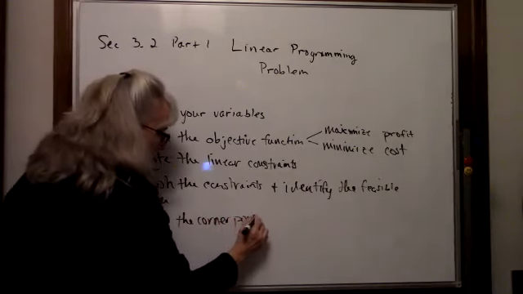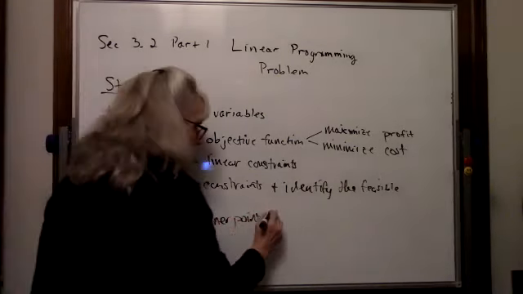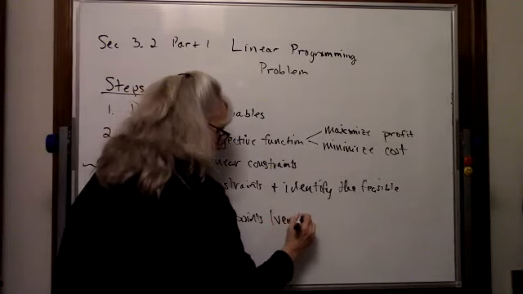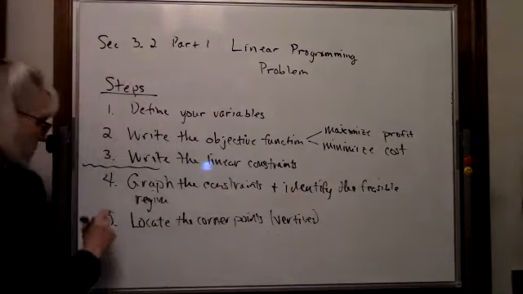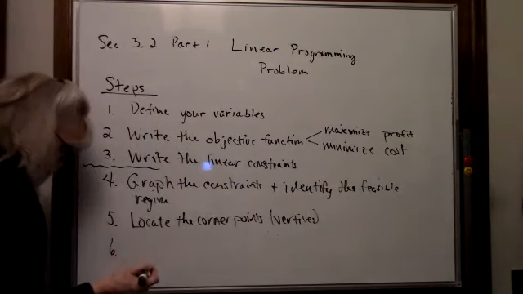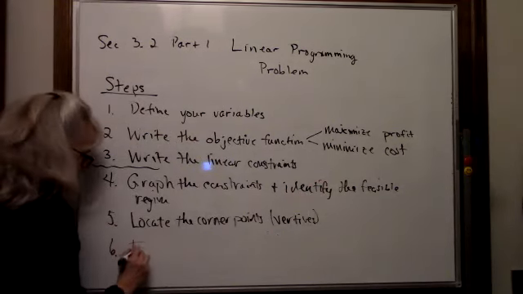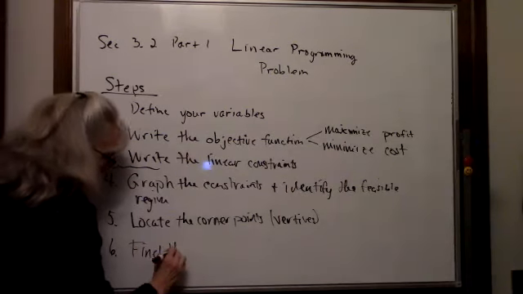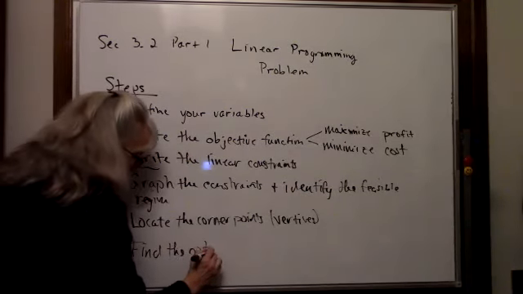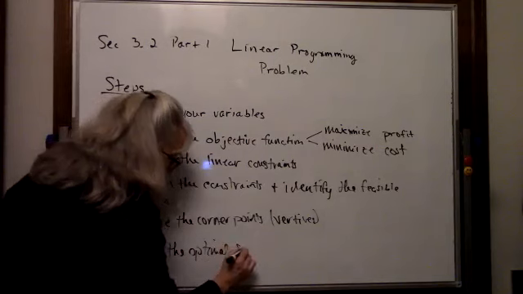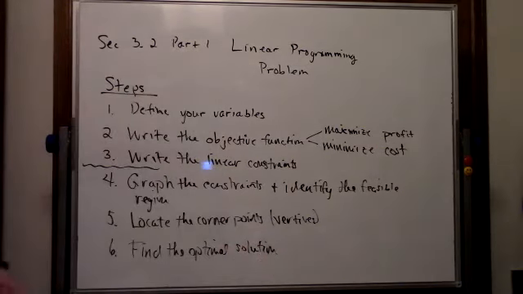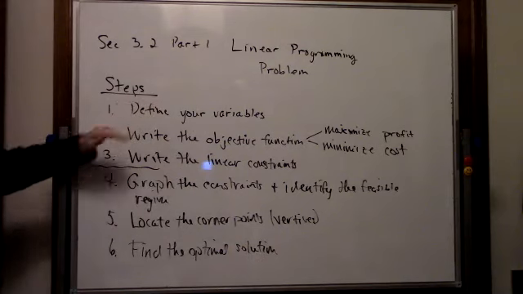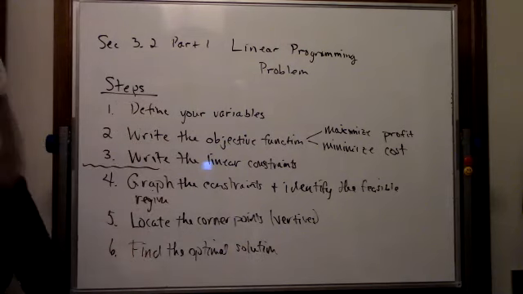Your textbook refers to those corner points as vertices, and those are the corner points of that feasible region. Again, we'll talk about this when we go to do it in the next section. And then find the optimal solution. And that's what your textbook does. So in this section, we'll address the first 3, and the next section will address the next 3.